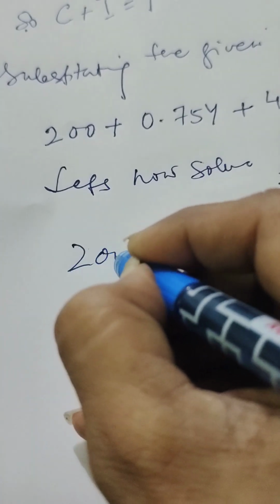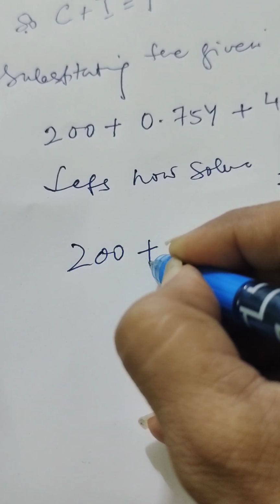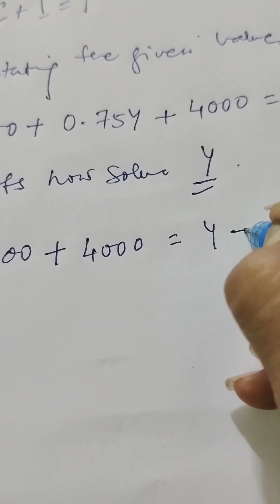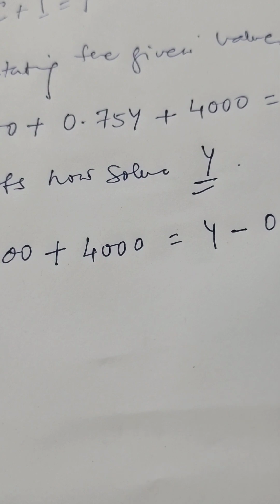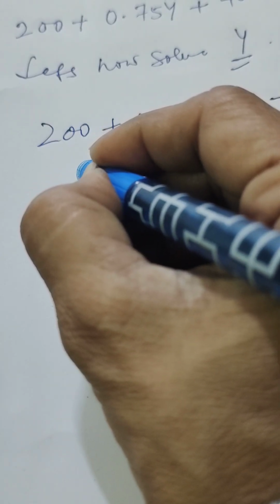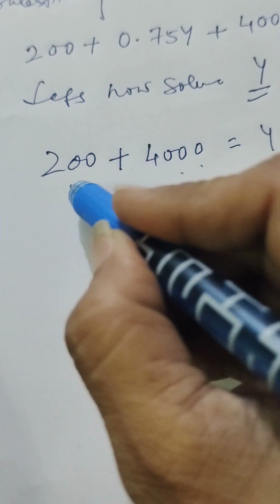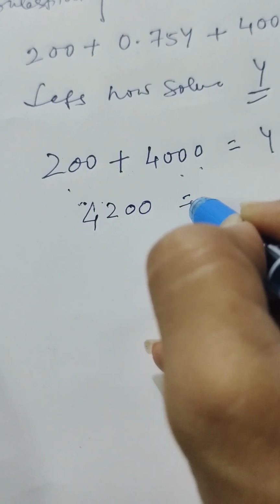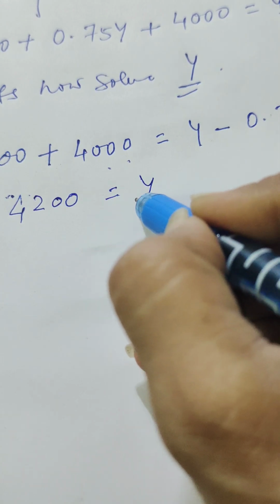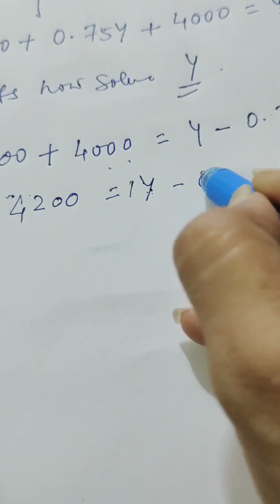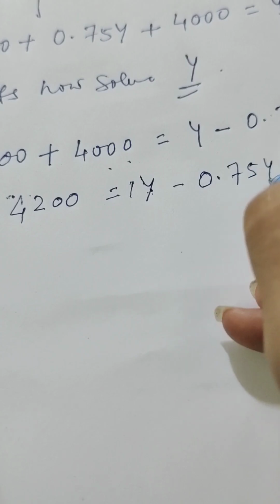So it is 200 plus 4,000 is equal to y minus 0.75y, which further we can write as 4,000 plus 200, that is 4,200, is equal to, if it is y, that means 1y minus 0.75y.